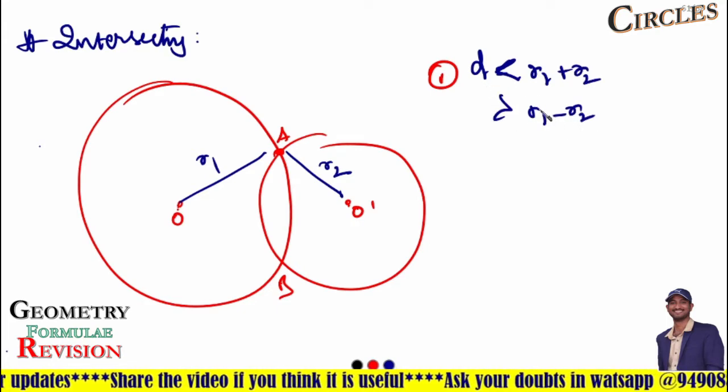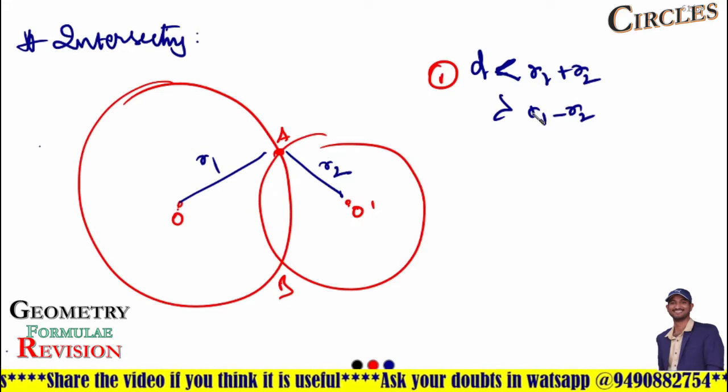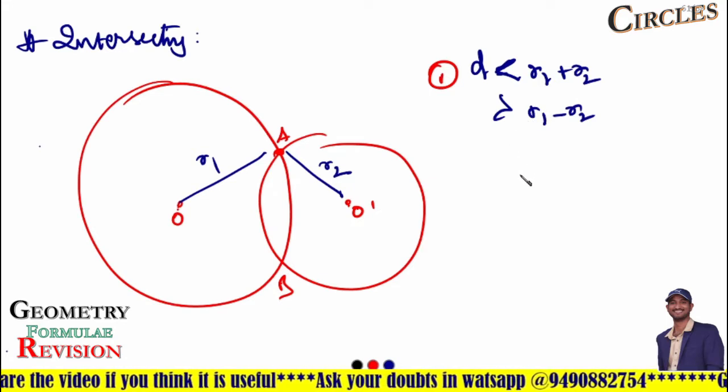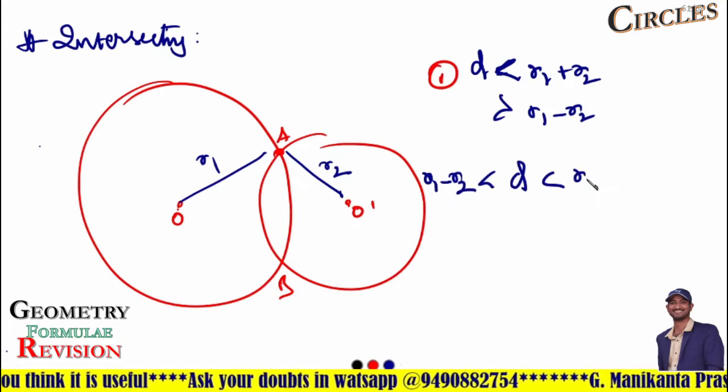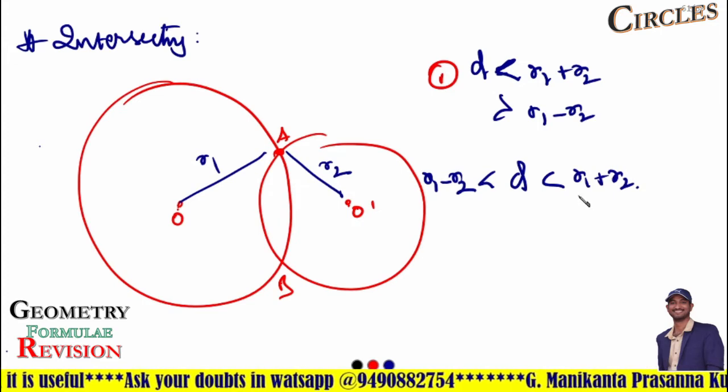That's why in the case of intersecting circles, the distance between the centers always lies between the difference of the radii and the sum of the radii.